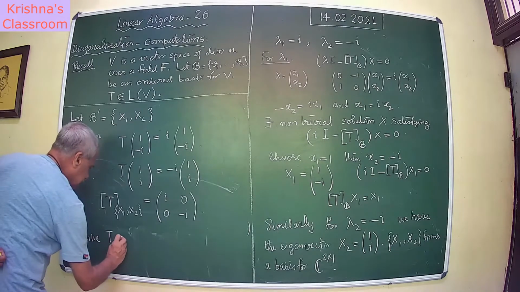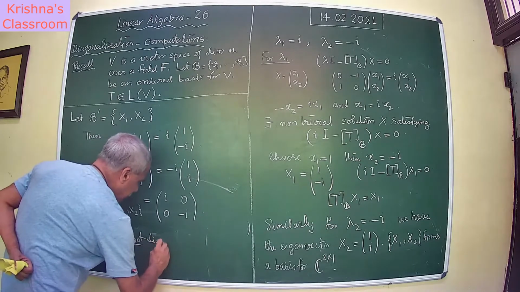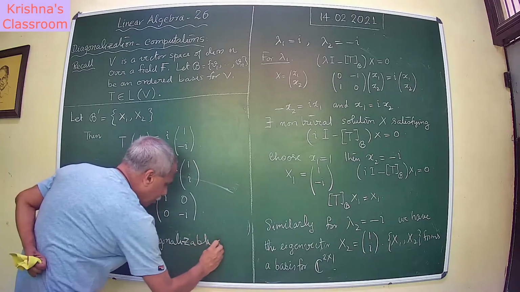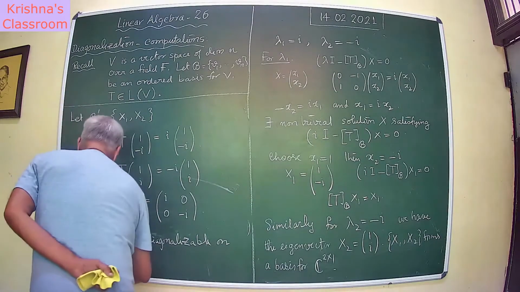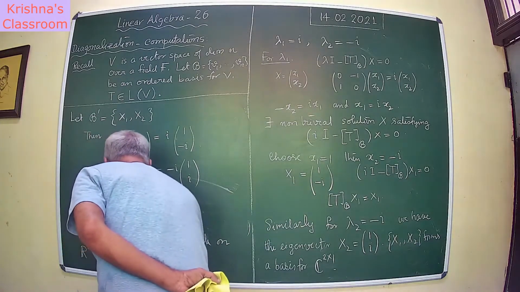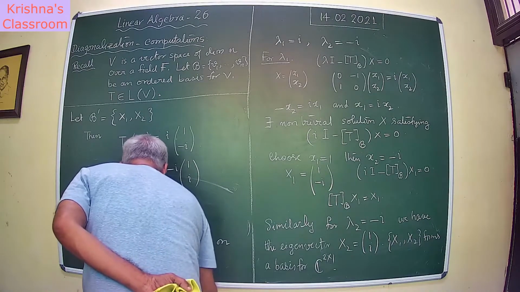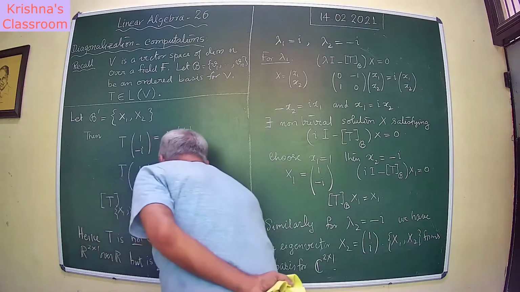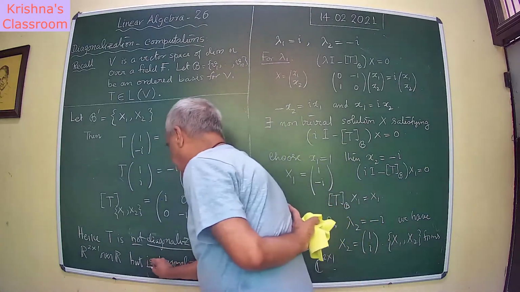T is not diagonalizable over R, but is diagonalizable on C2 cross 1.